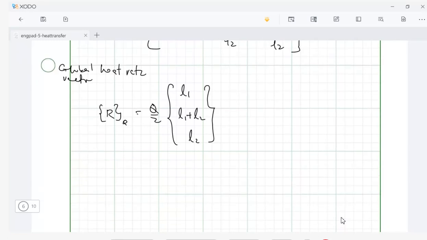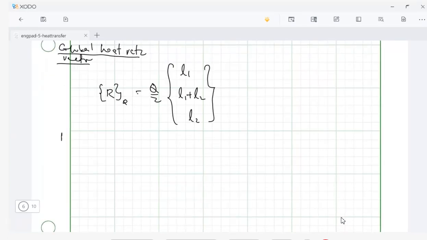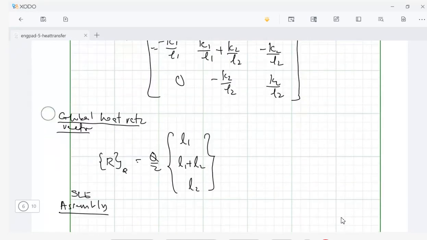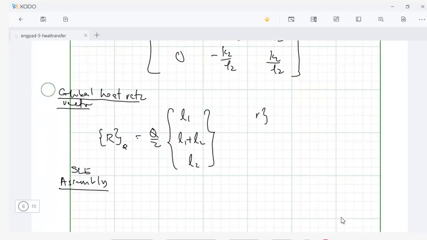So now the next thing is to do the assembly. Note that I think by now you should know that r1 is just QL1/2, 1 and 1.